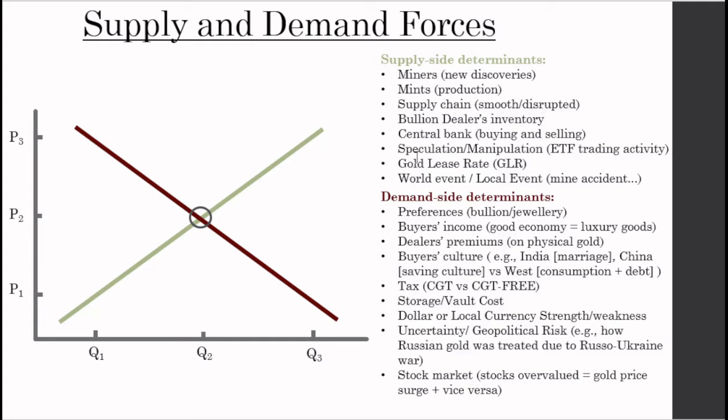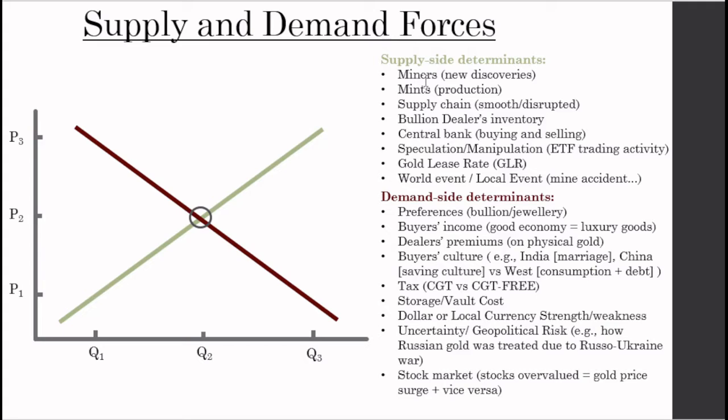For example, let's say the news comes out saying a mining company has discovered a large quantity of gold in country X. That constitutes an increase in supply, because the market is going to experience a larger supply of gold entering it.